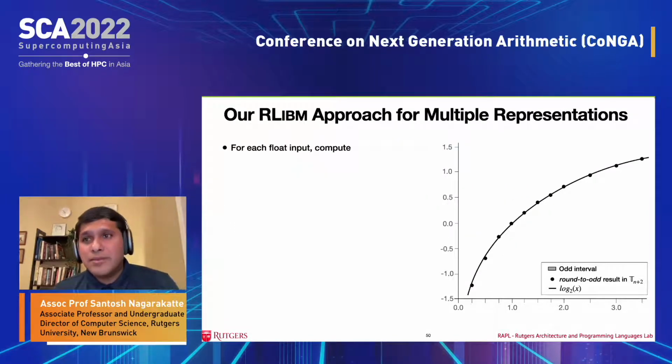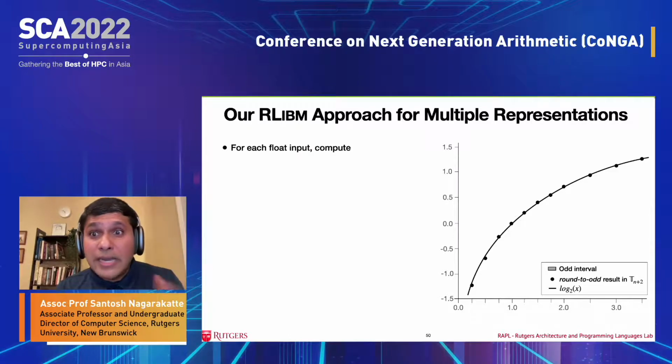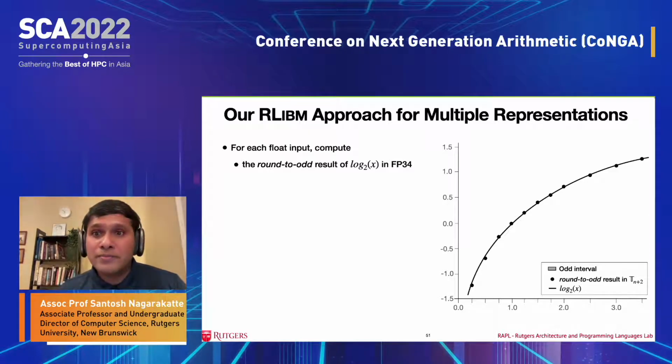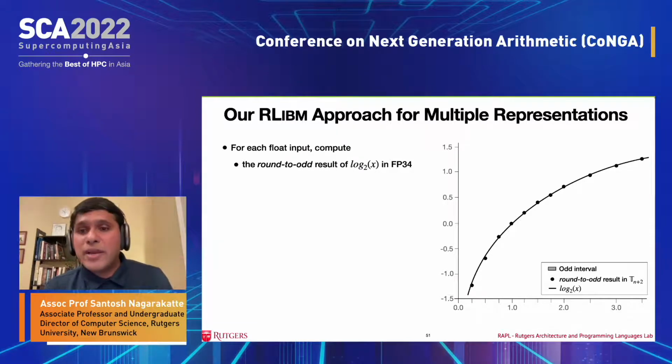So now, what is our algorithm to generate correctly rounded results for multiple representations? It's similar to the original thing. So for each float input, we are going to compute the correctly rounded result, but now with the round to odd mode. Say the elementary function in question is log2 of x, and we want to produce correctly rounded results for multiple representations starting from 32 bits to 10 bits.